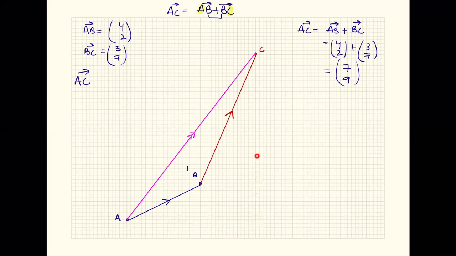Do you understand this? Yes, sir. The resultant vector is going to be marked by a double arrow. This operation is known as vector addition. Any questions so far? No, sir. Okay. If you get this, can you also tell me what vector CA is going to be equal to?